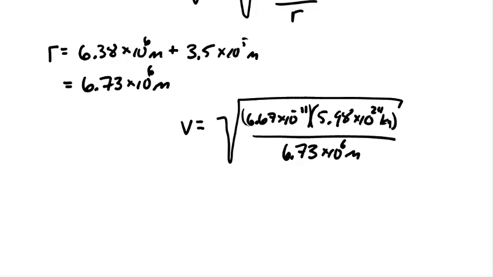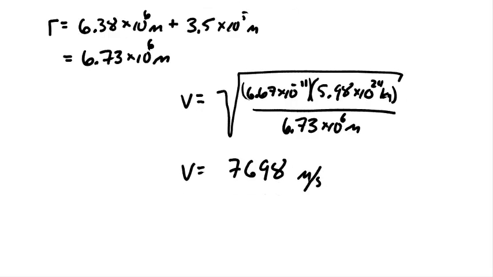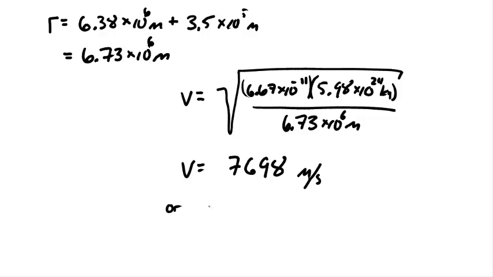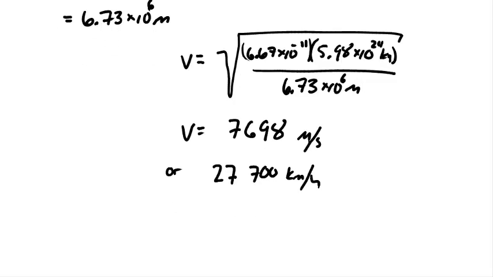That's our distance. And so if we solve for v, it works out to about 7,698 meters per second. Or maybe something that's easier to imagine, 27,700 kilometers an hour. Wow, that's pretty fast. What it actually means is that this International Space Station does over 15 orbits around Earth in one single day.